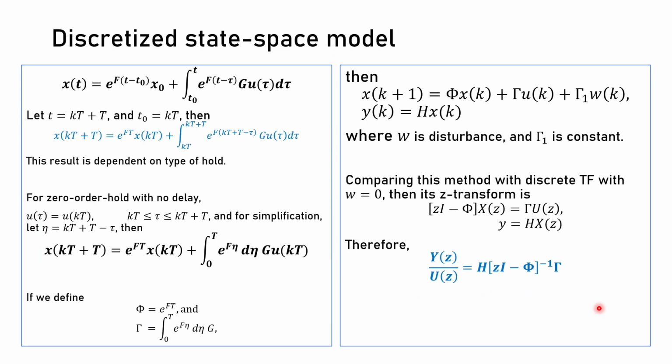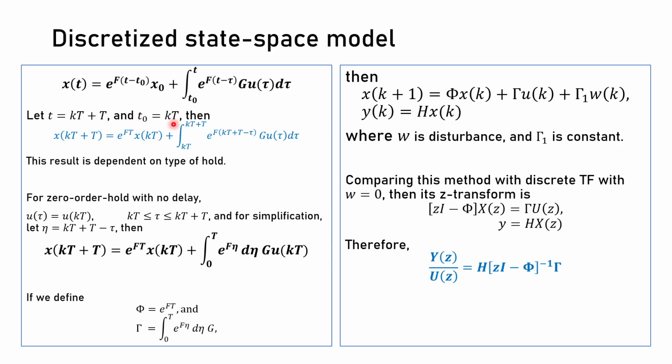Now let's see how we can transform it into discretized form. Here we can choose t as kT plus T, and t0 as kT, so from t0 to t is just one sample time step.